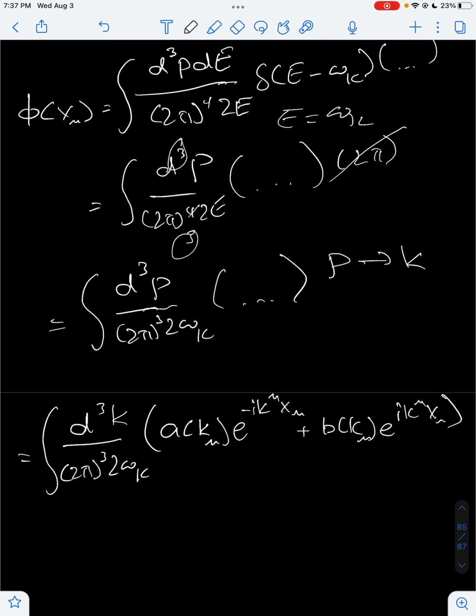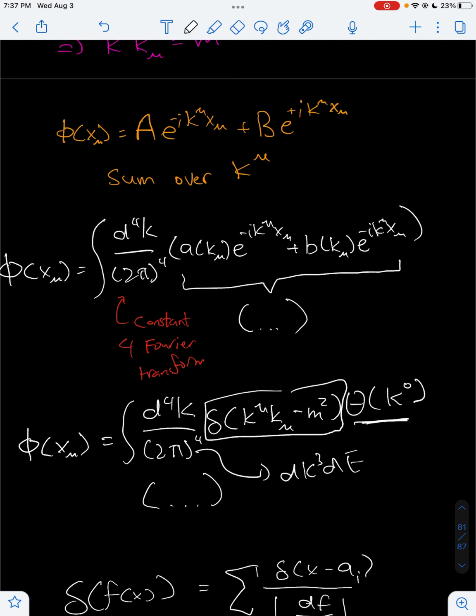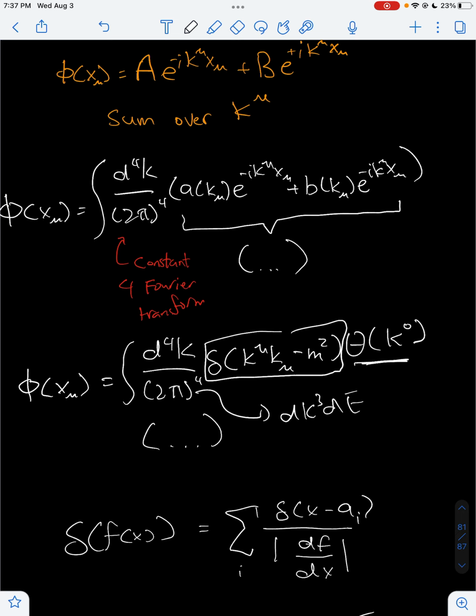And this is a much simpler equation compared to what we had to start with. So this looks pretty nice so far.